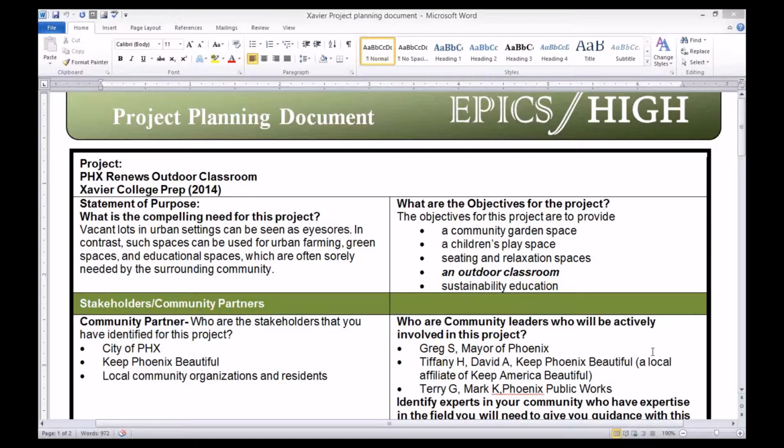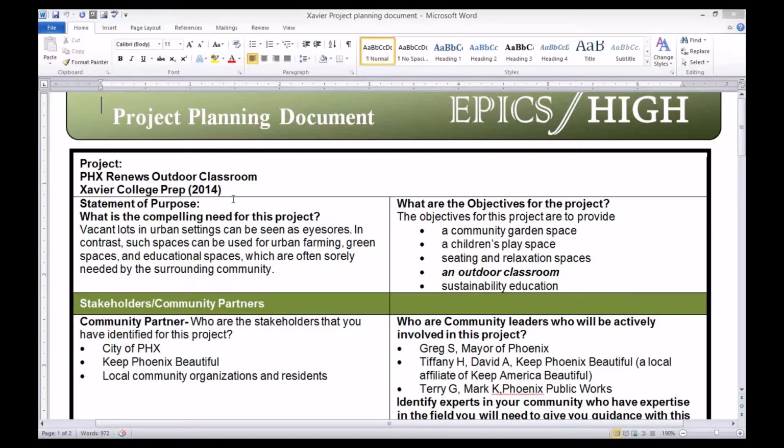They were asked to design a sign for Phoenix Renew. She has her statement of purpose: it's a vacant lot in an urban setting that was an eyesore. In contrast, much of the space is used for urban farming, green space, and educational spaces, which are sorely needed in the surrounding community.